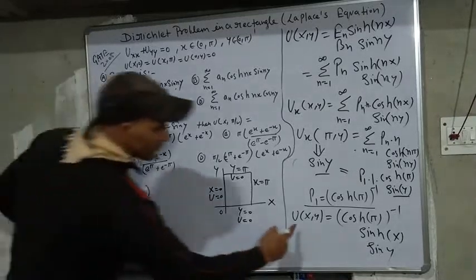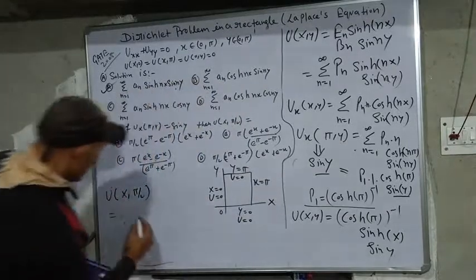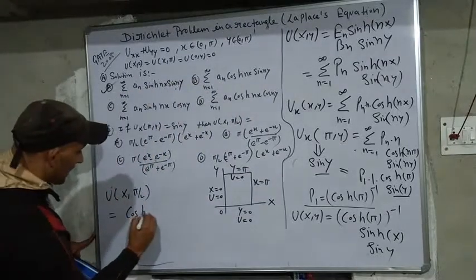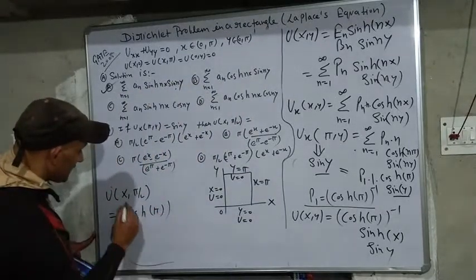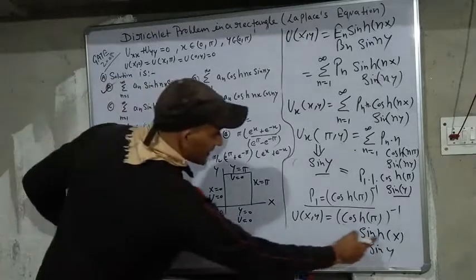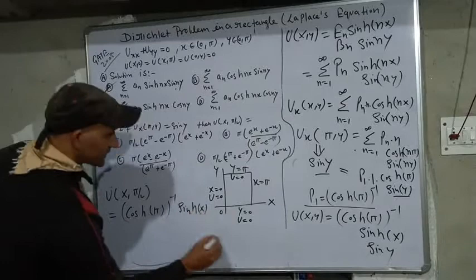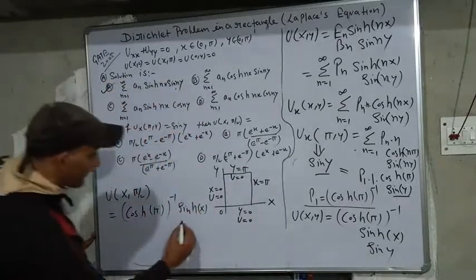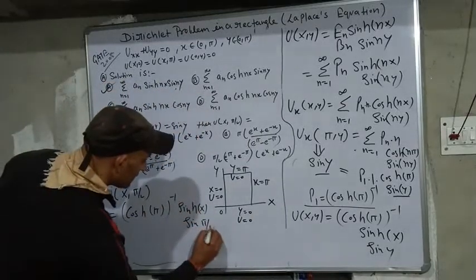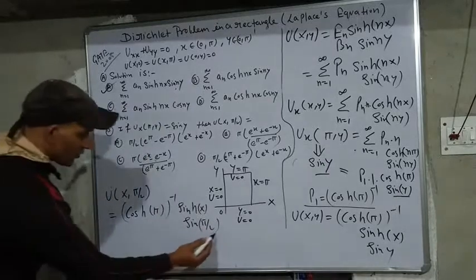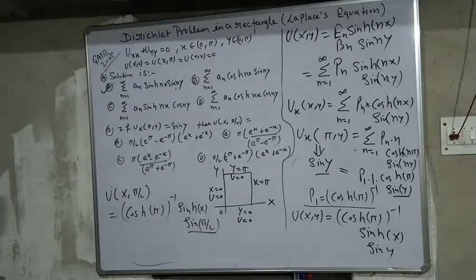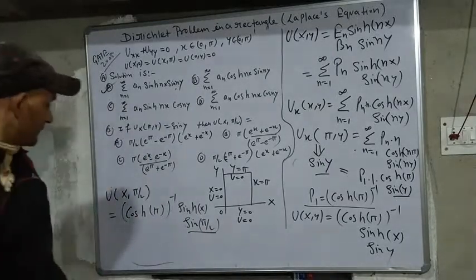So u(x, pi/2) is equal to cos hyperbolic pi inverse and sine hyperbolic x, and sine y is equal to sine pi by 2. Sine pi by 2 is equal to 1. What is cos hyperbolic pi?